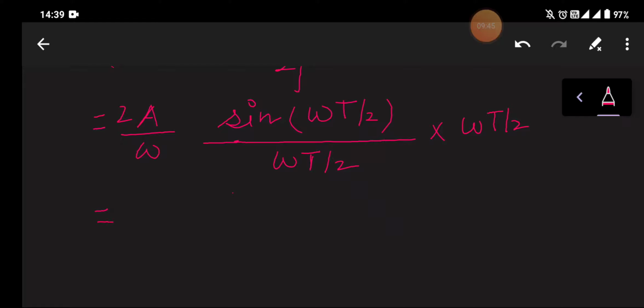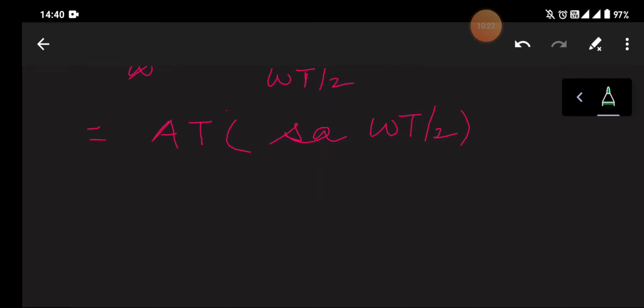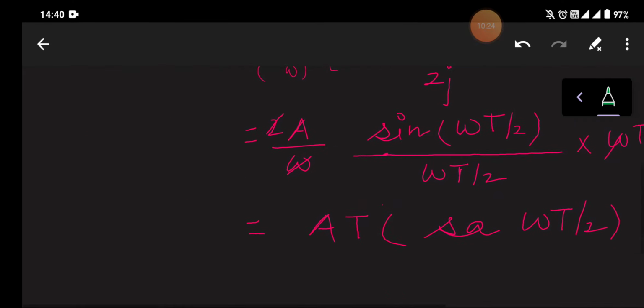Okay, and after solving, this omega and omega will cancel out, this 2 and 2 will cancel out. We have A T multiplied by Sa of omega T by 2, and finally we will arrive at our answer.